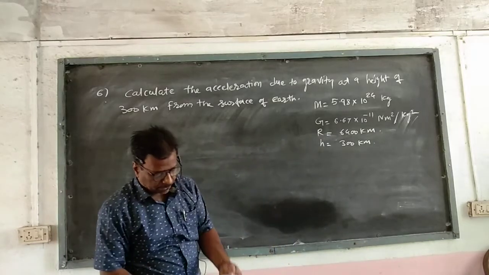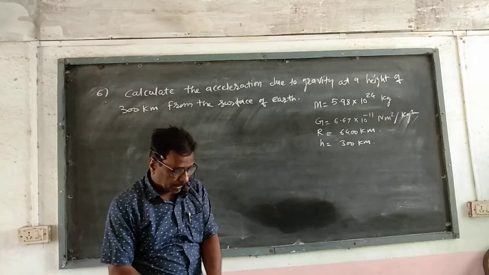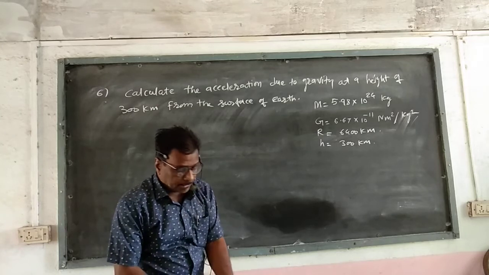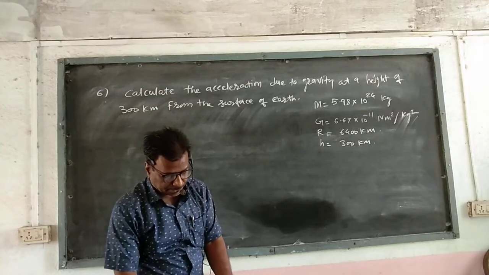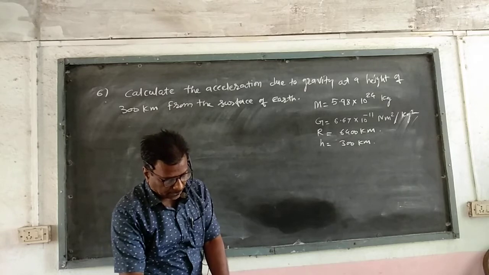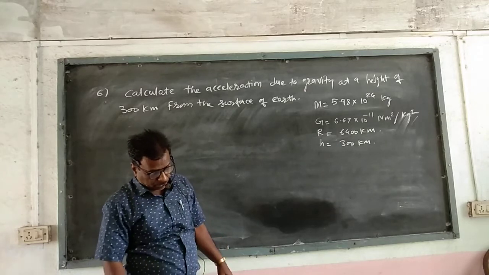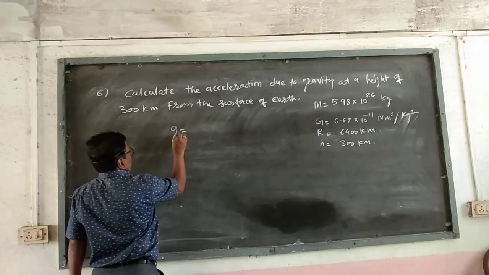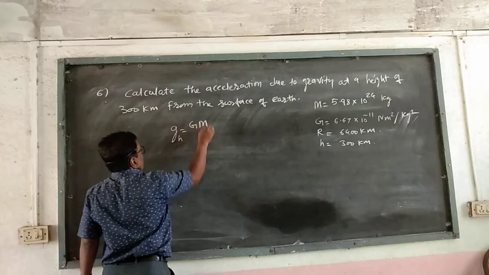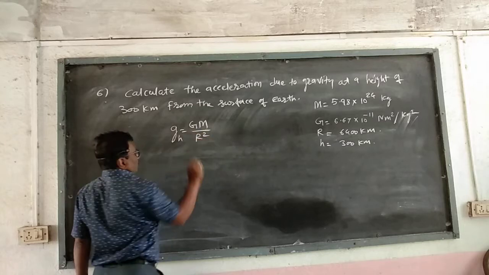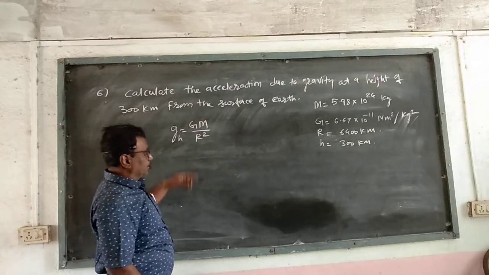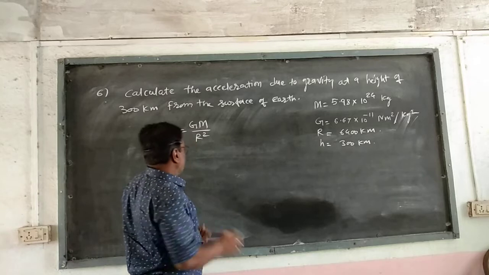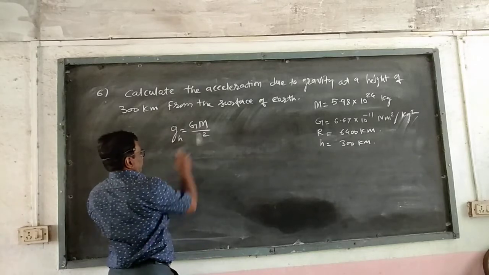Now we have to calculate the acceleration due to gravity. That means we have to calculate g. So we know the formula gh equal to GM upon r square, where we have to write small r.